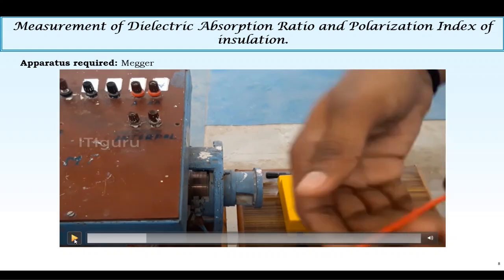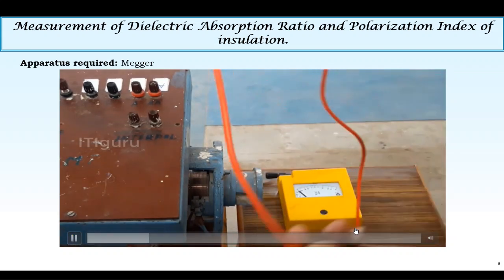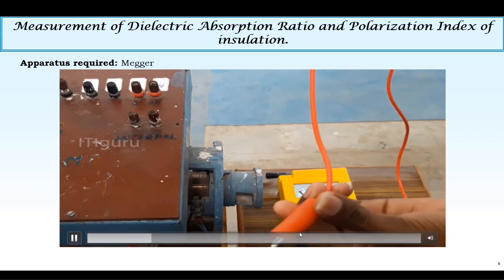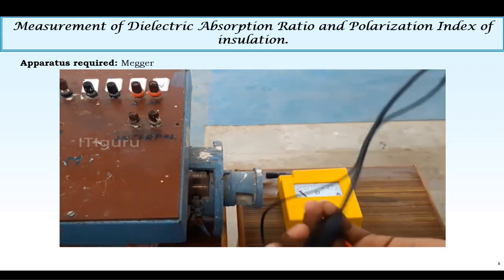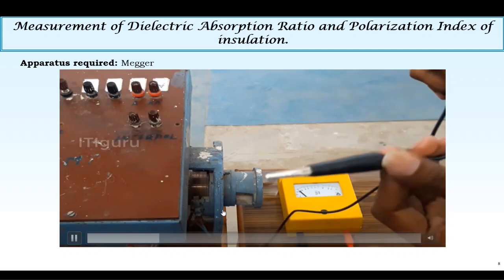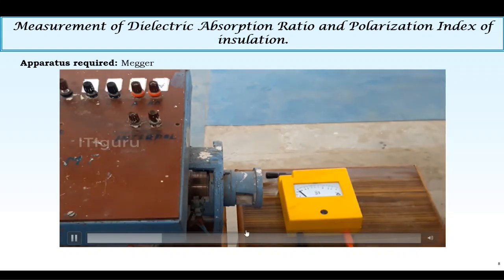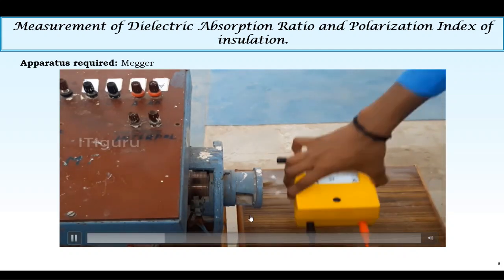Now you have to check whether this Megger is working or not. You can see there are two terminals. One is connected to the live wire, the second is connected to the body of the instrument. Before taking insulation resistance, first check whether the Megger is working.